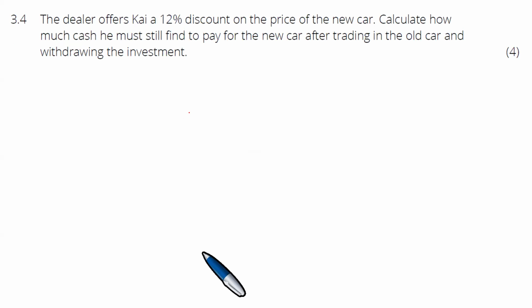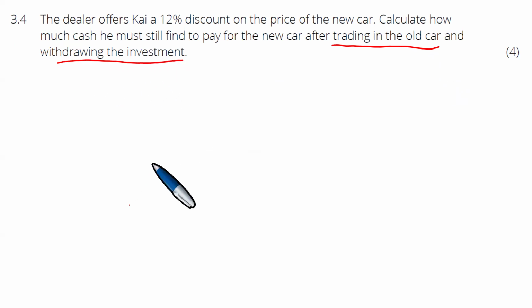He's gonna trade in the old car. How much is he gonna get from the old car? Because when he trades in the old car, then he's gonna get some money. But also he's gonna withdraw the investment. If he withdraws the investment, he's gonna get some money from the withdrawal, because if you invest money, the money is gonna grow. And now these are the things we need to take into account.